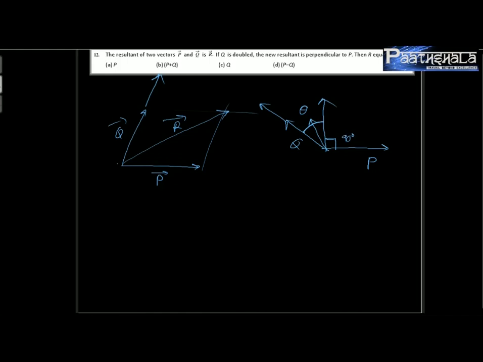This angle is 90. Okay, so 2Q sine theta again is equal to P, like we have discussed in one earlier problem. This is possible only if 2Q sine theta is equal to P, that is the leftward horizontal component of 2Q. This is the vector 2Q. The leftward horizontal component of the vector 2Q is cancelling out the vector P. Only then can the resultant be perpendicular to the vector P. So 2Q sine theta is equal to P.